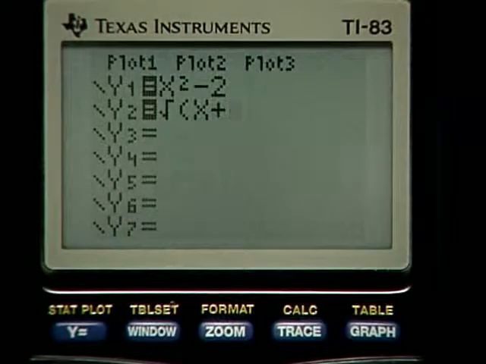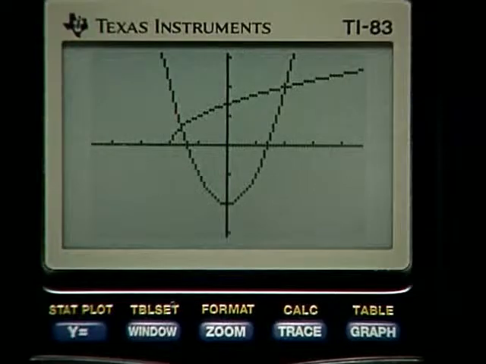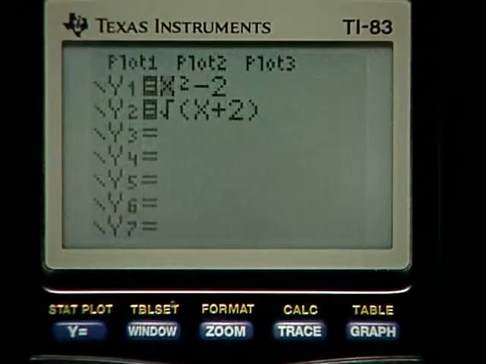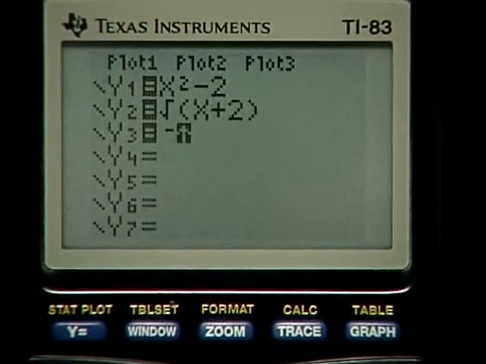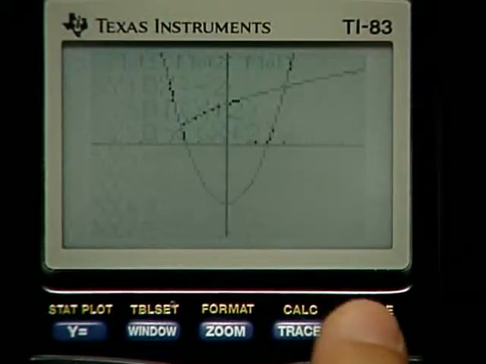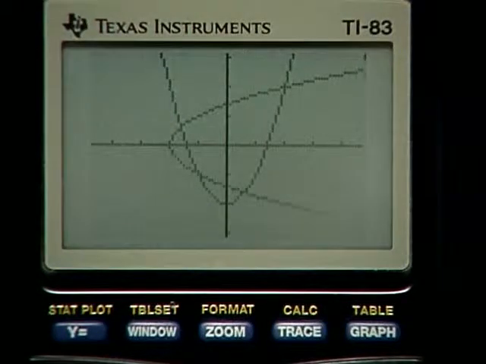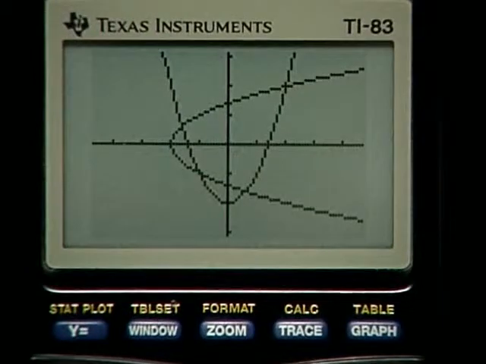I'm opening a parenthesis here, x plus 2, and close parenthesis. And let's look at these two graphs first. All right, now the other one will complete the graph of the inverse relationship, and it is the negative of the square root of x plus 2. And here's the other graph that will form that complete inverse relationship, but not an inverse function.